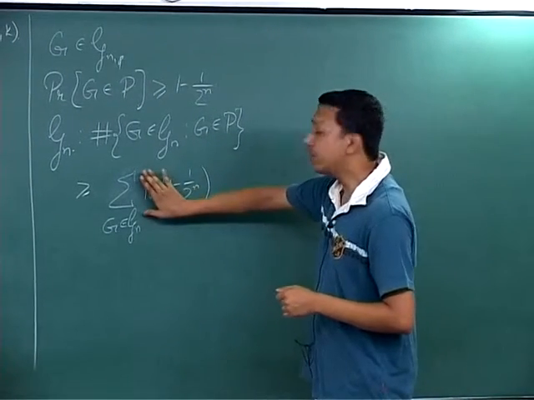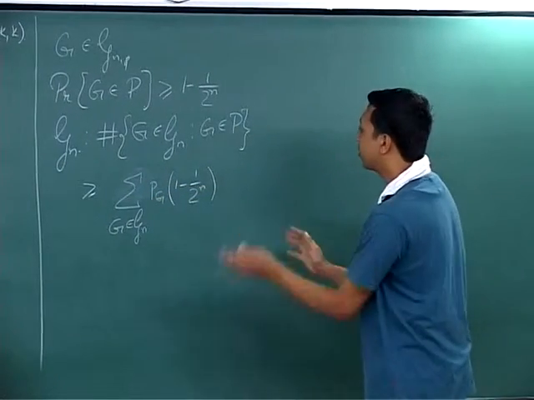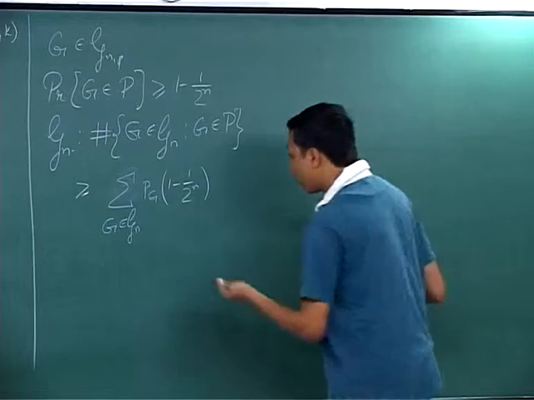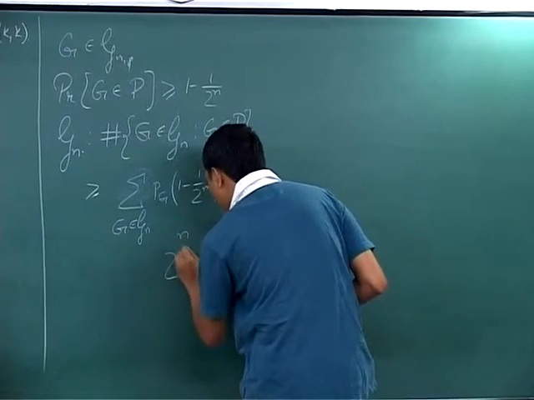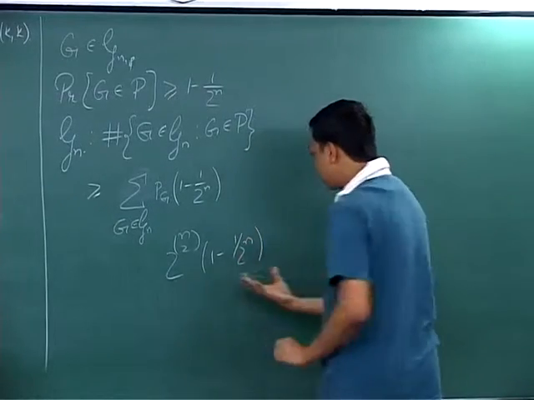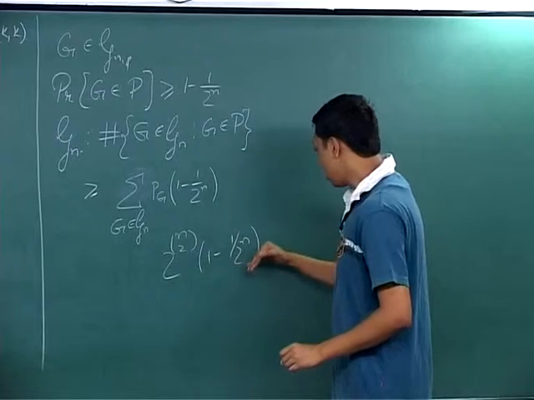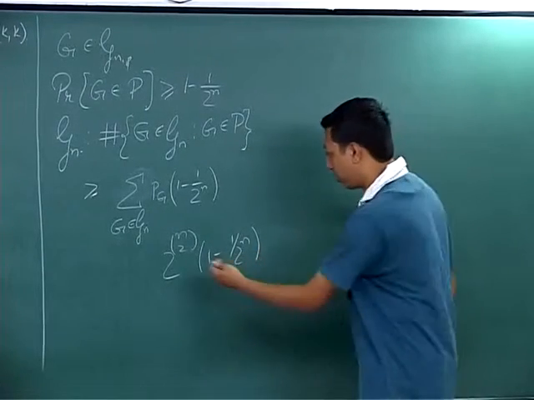So if the pg's are all equal, let's say I take the uniform distribution, then what I will get is that the number of graphs is at least this much. And this is a huge number, right? Because this is like 2 power n square and this is 2 power just n.